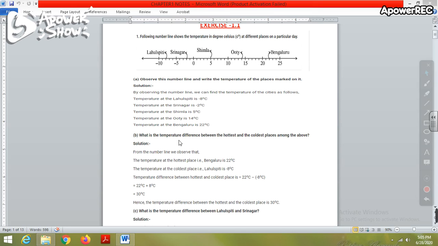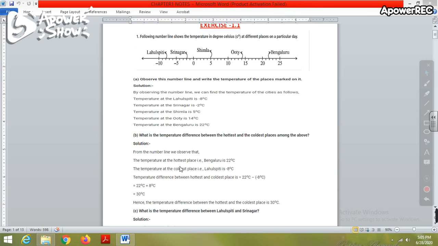Similarly, the coldest place is the place having minimum temperature, and the minimum temperature is -8 degrees Celsius, which is the temperature of Lahaul Spiti.